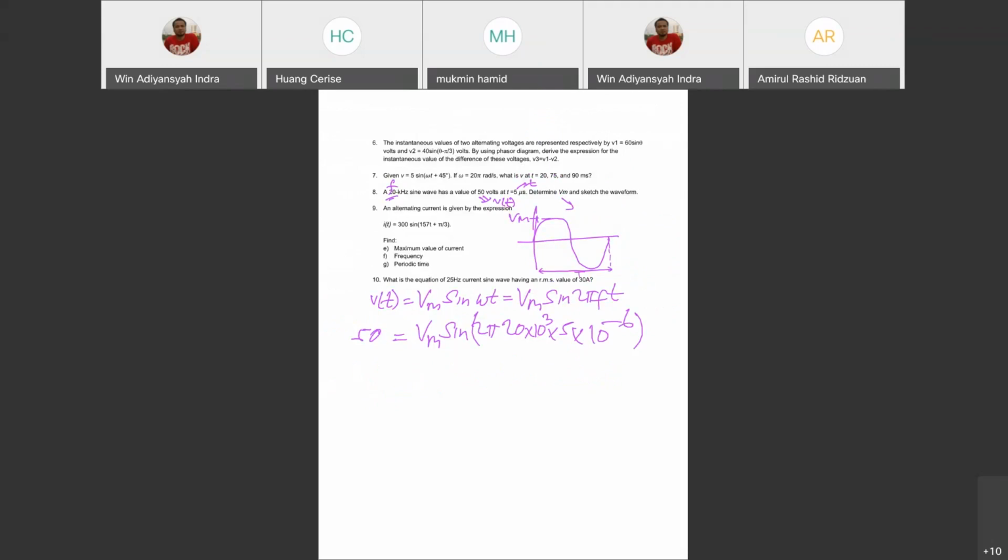But please don't forget, when using your calculator, you have to set it into radian mode instead of degree mode.